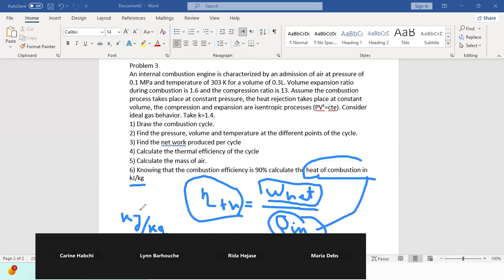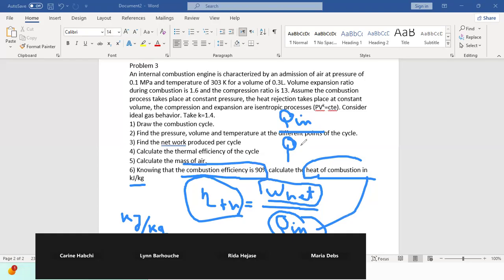During combustion, sometimes not the whole mixture will burn, or you have some residuals. That's why we define what we call the combustion efficiency. The combustion efficiency can be assessed by considering the ratio of the input heat that I was able to extract in my cycle over the heat of combustion, which is the theoretical maximum heat released during combustion.